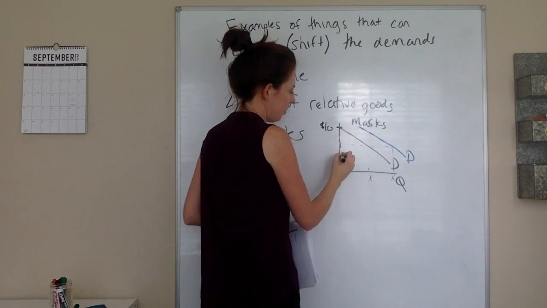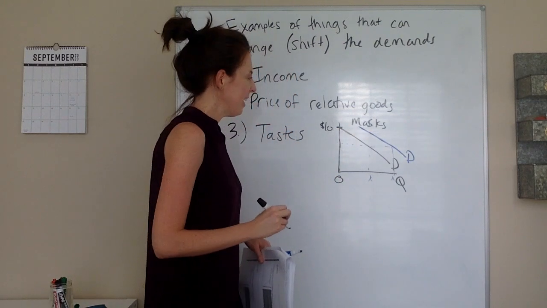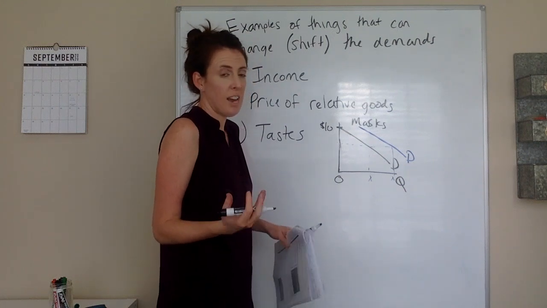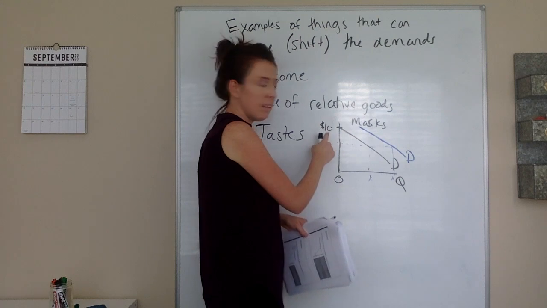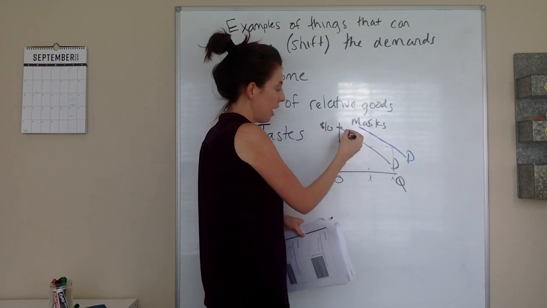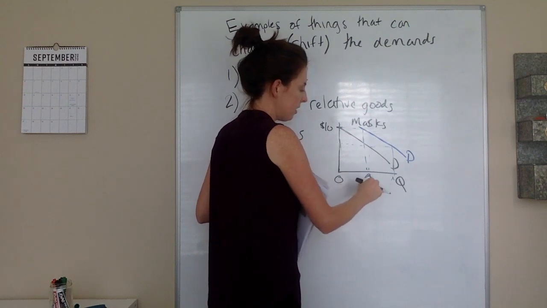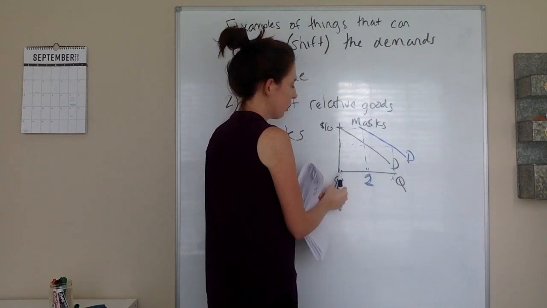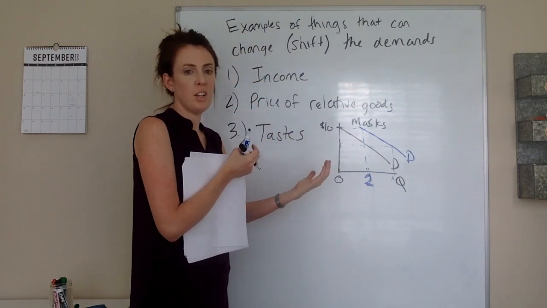Well, last year, how many masks did I want if they're being sold for $10 a piece? I didn't want any. Now my tastes have changed. Now I actually have some interest in buying a mask. So now at a price of 10, I might want to buy 2. And so the quantity demanded is different at this same fixed price level. Hence, there's been a change in the demand.